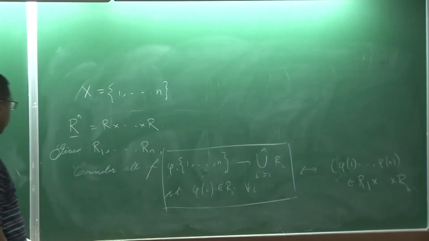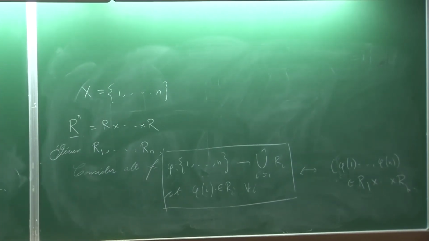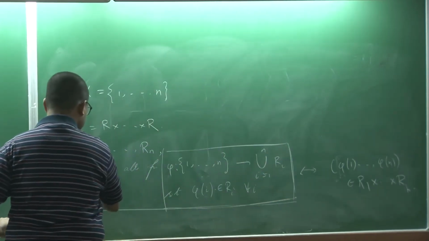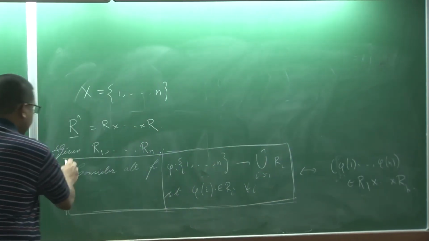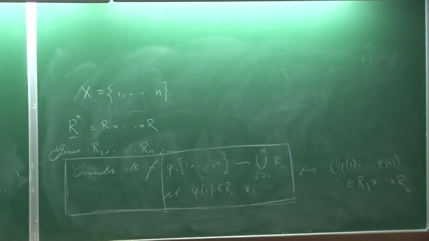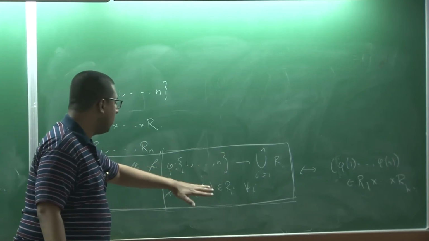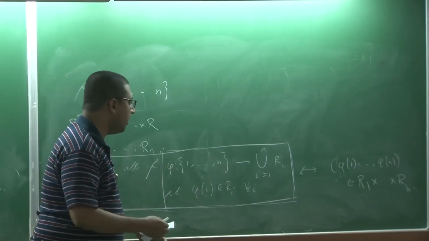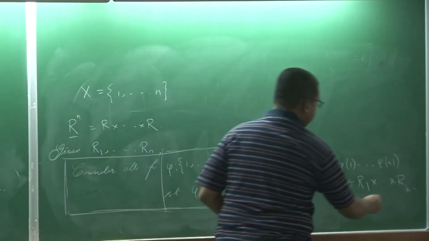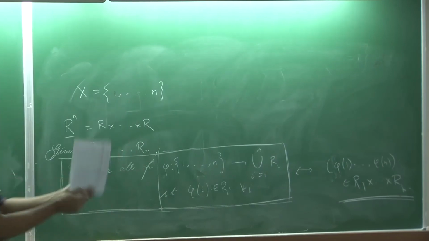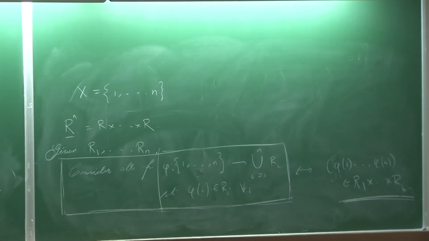Therefore, we can easily see that this collection forms a ring with respect to pointwise addition and multiplication, and that exactly makes this Cartesian product a ring. Here the addition and multiplication are basically pointwise addition and multiplication.